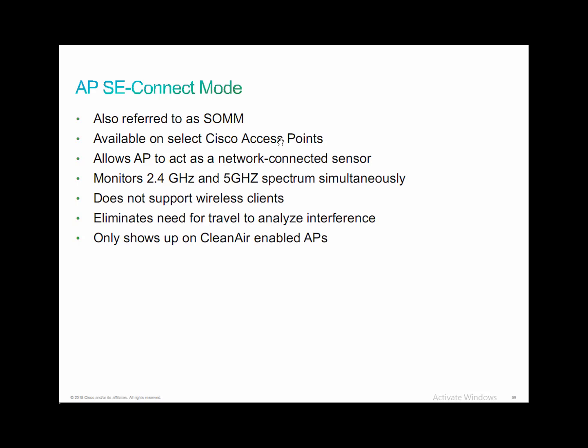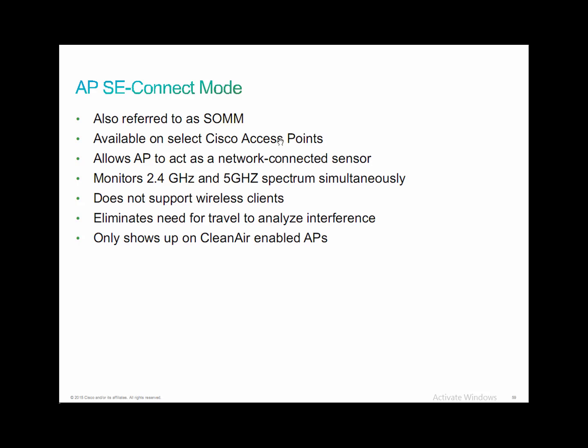SE Connect devices can monitor the entire 2.4 gigahertz spectrum, as well as the 5 gigahertz spectrum at the same time. But when you're in this mode, as you guys could imagine, you cannot support wireless clients, and it still consumes one AP license or one AP connection on your wireless LAN controller.